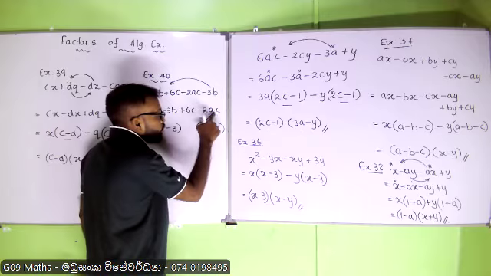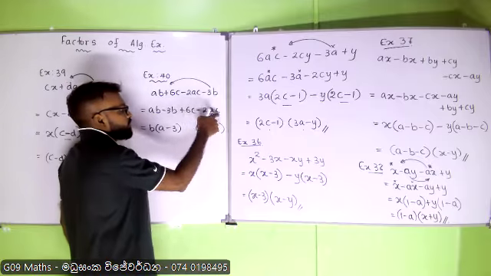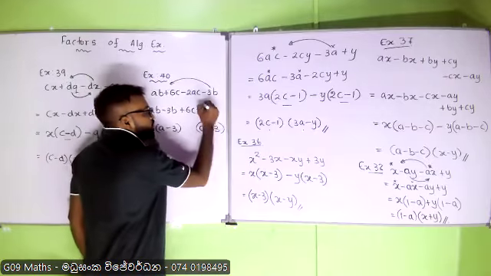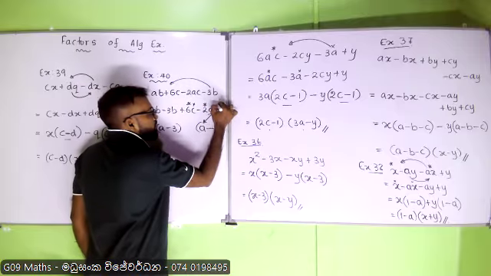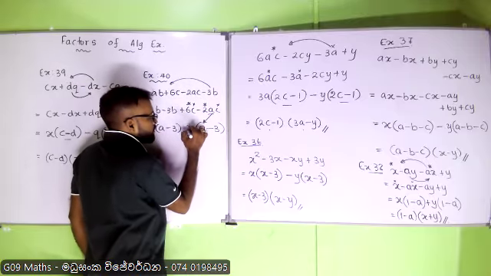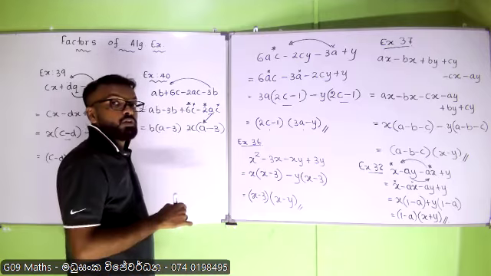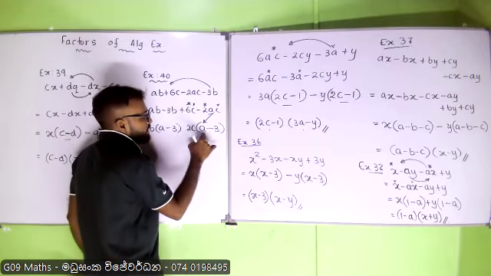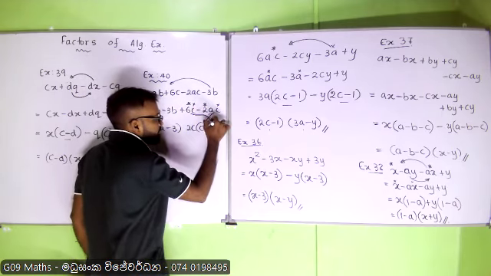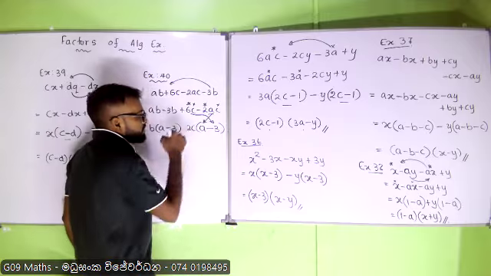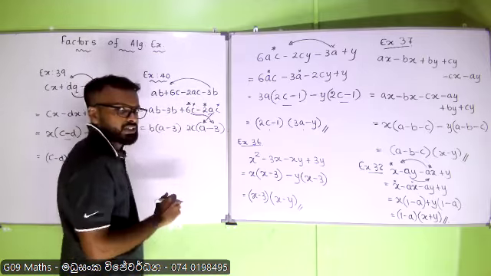You need to take 2C out from here, because 2 is common for both and C is common for both. So take 2C out. And what is the sign you are going to take out? Here you have A minus 3, so 3 comes here, A comes here. Doesn't matter, only the terms have been changed.